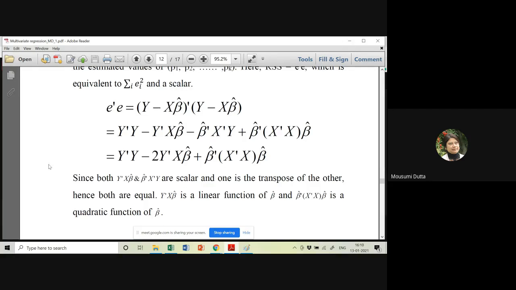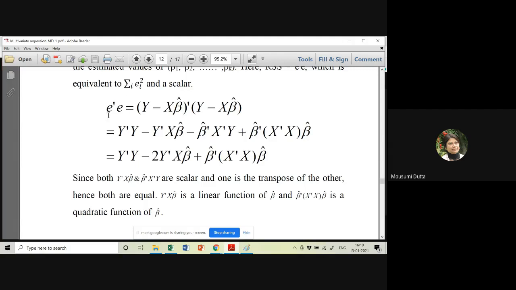So now we will move towards estimation, where we will take the derivative of this E prime E with respect to all beta hat values, that is, from beta 1 hat to beta k hat. All these derivatives I need to consider.